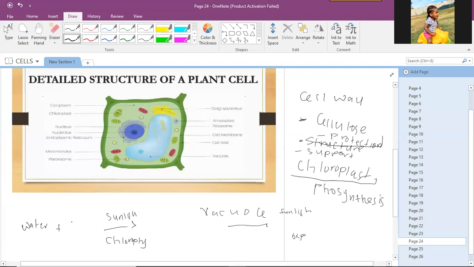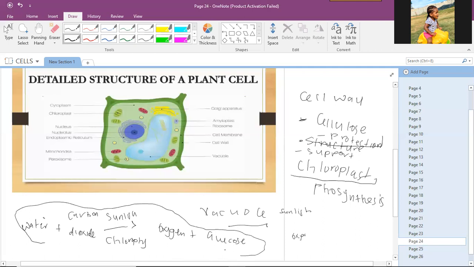It's carbon dioxide. Yeah. So water plus carbon dioxide in the presence of sunlight and chlorophyll gives you oxygen plus glucose. So this is the formula for photosynthesis. This reaction, water plus carbon dioxide in the presence of sunlight and chlorophyll to give you oxygen and glucose, takes place in the chloroplasts.